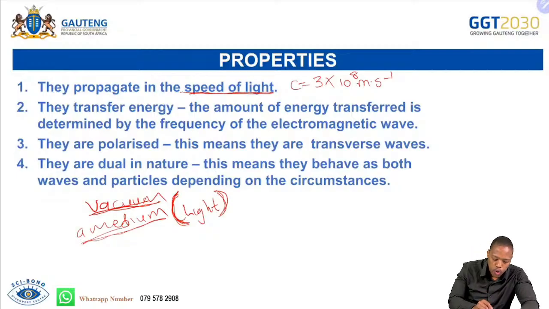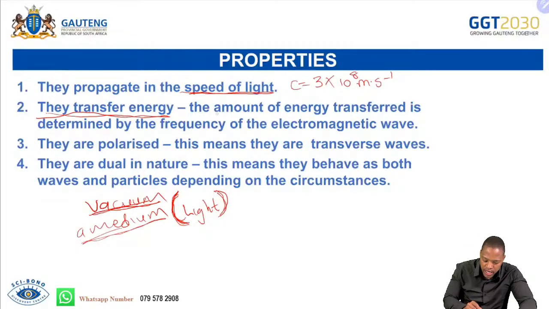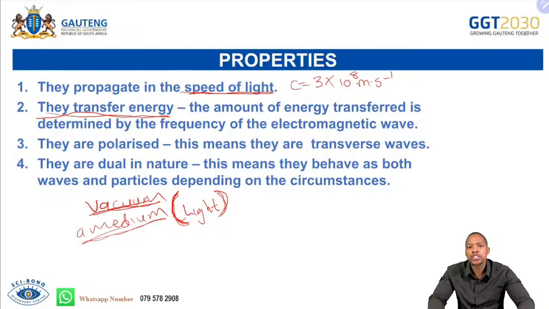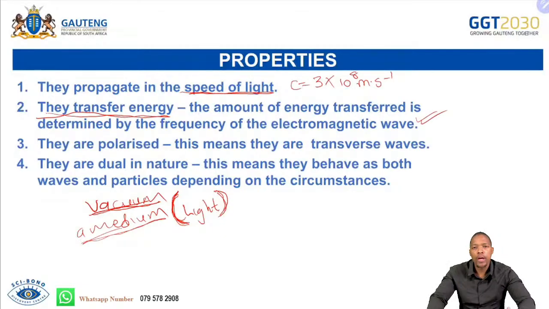Okay, number two, they transfer energy. Like we've been saying, for us to have the wave, the particles are transferring energy. So the electromagnetic waves transfer energy. And like we said, the amount of energy transferred is determined by the frequency of the electromagnetic wave. We should be able to know the properties, and we should be able to explain the properties, grade 12.